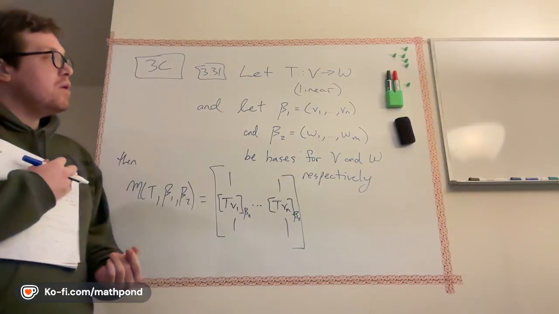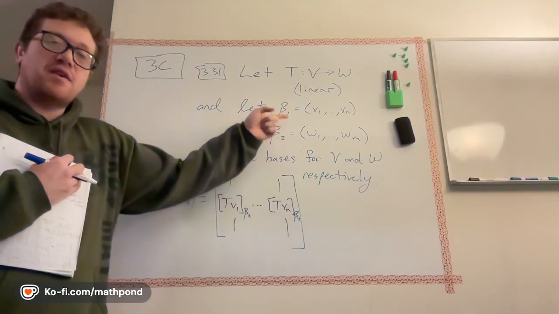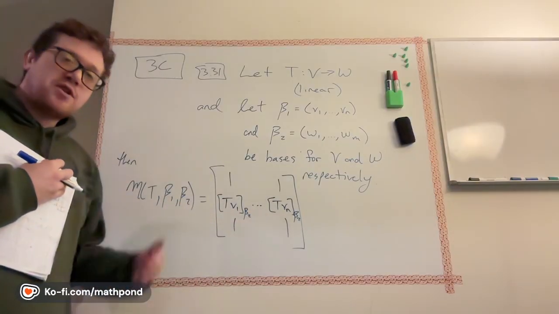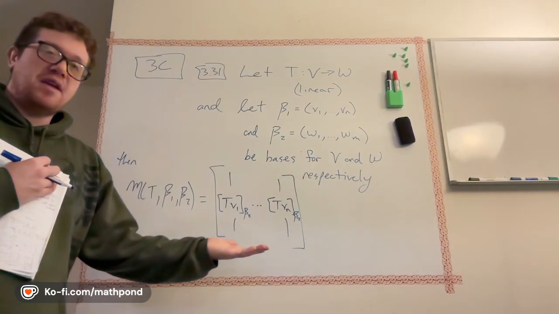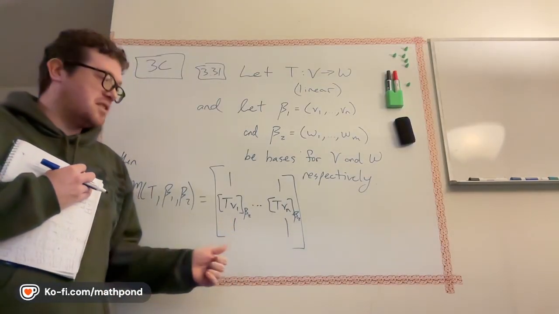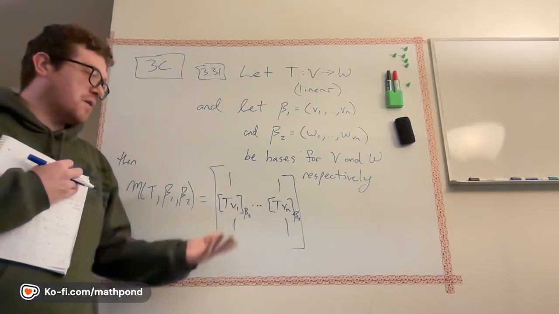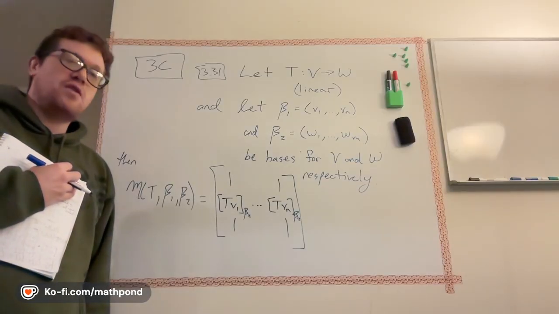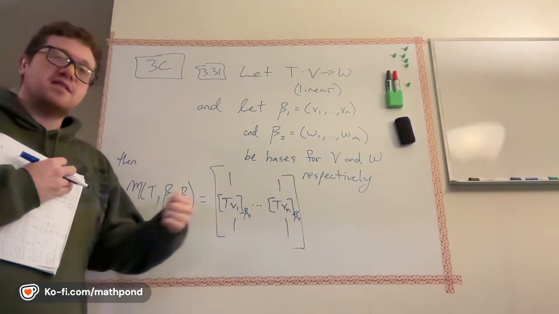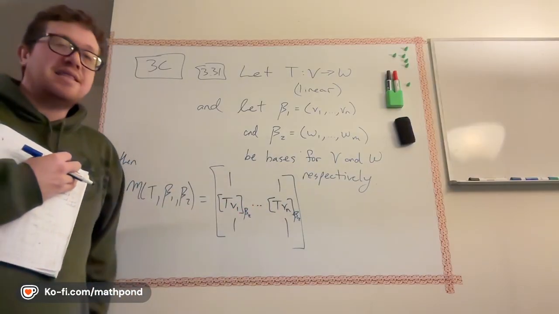The important part, like I was saying before, is that if you know what the two bases are and they're fixed, and you know the matrix of the linear transformation, then you can actually recover how the transformation acts on any vector in V. Since every vector in V is some linear combination of these v_i's, and we know where the v_i's get sent based on the coordinate vectors in the matrix, then because of linearity we can extend by linearity and take any linear combination of these vectors, and we also know where that gets sent by T.